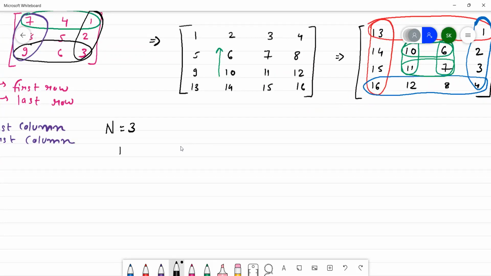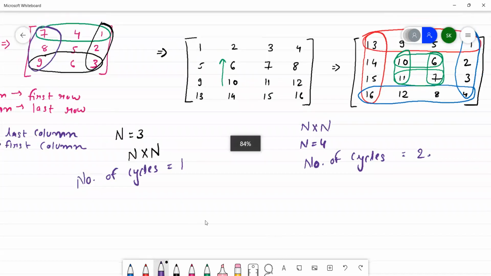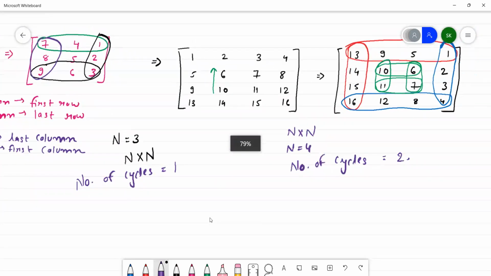When the size was n cross n and n was equal to 3, the number of cycles was equal to 1. When n was equal to 4, the number of cycles was equal to 2.